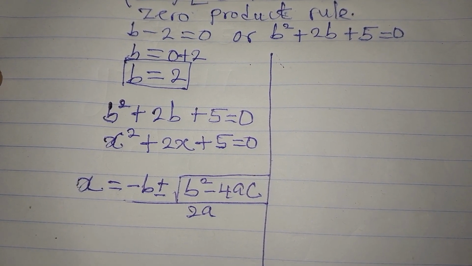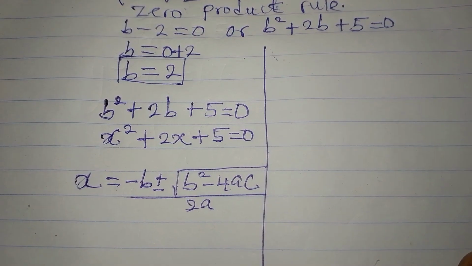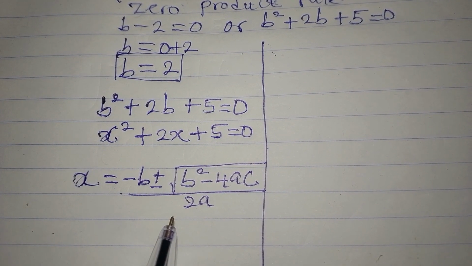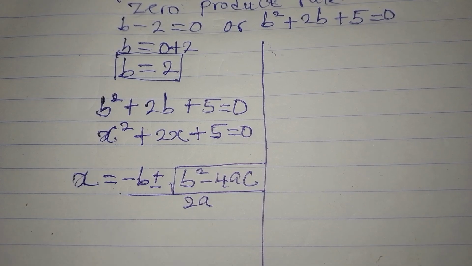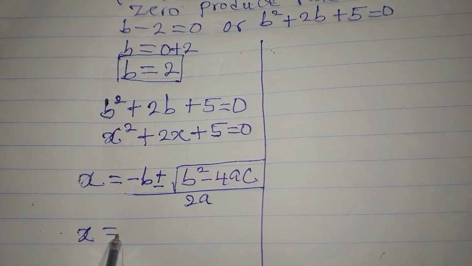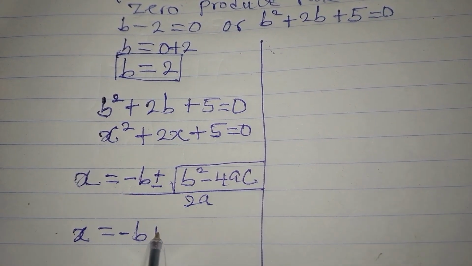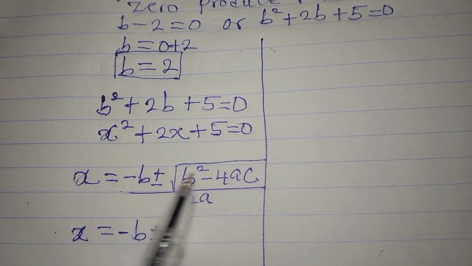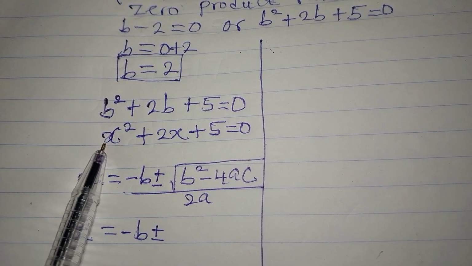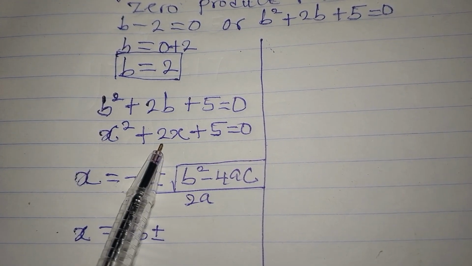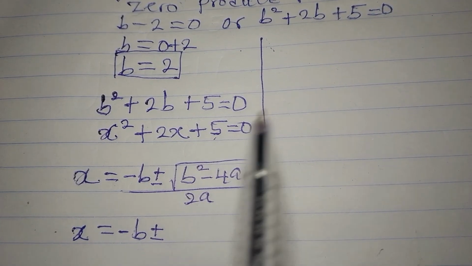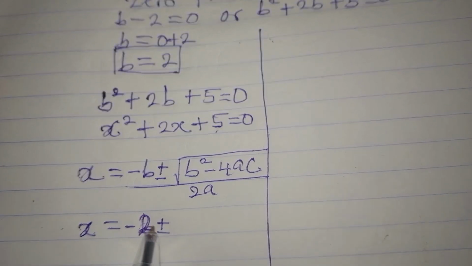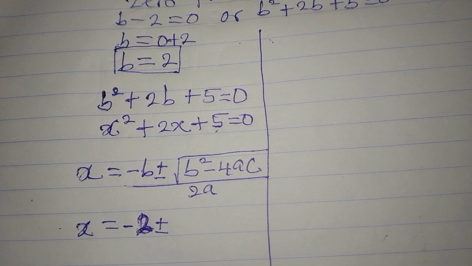I think the most difficult thing about this method is remembering the formula. Many students find it difficult to remember this formula. So our x will now be minus b plus or minus, oh my bad, we're supposed to input the values of a, b, c. A is 1, that is the coefficient of x squared. B is 2, c is 5. So in place of minus b, I'm going to write minus 2 because b is 2.